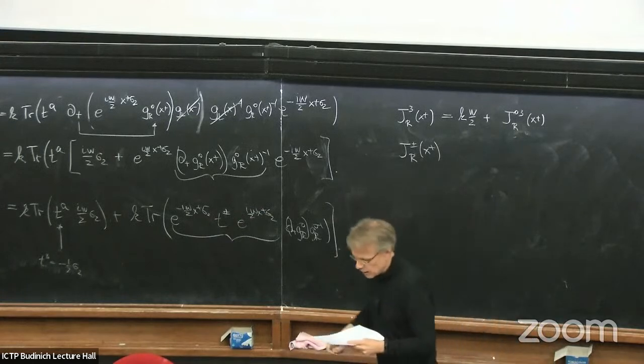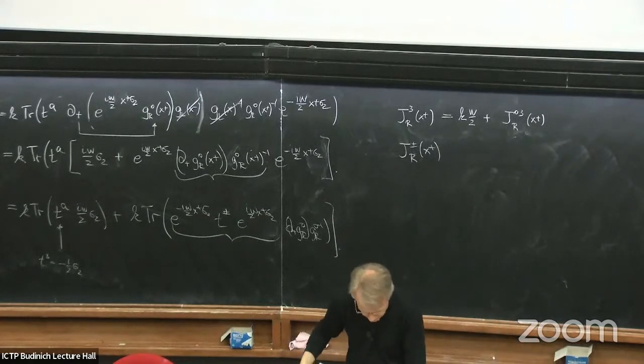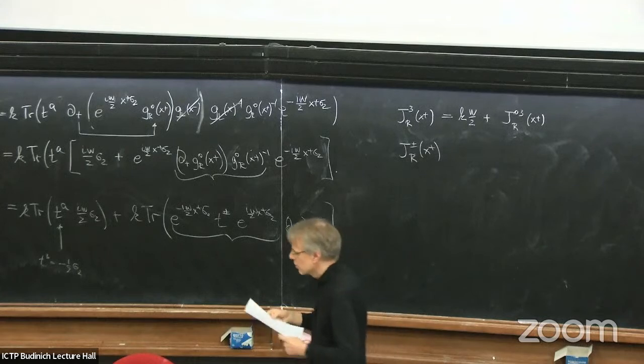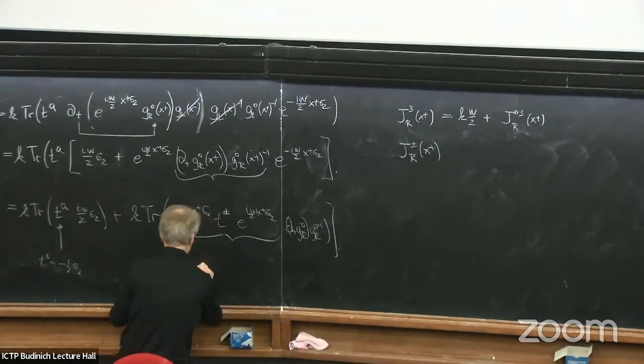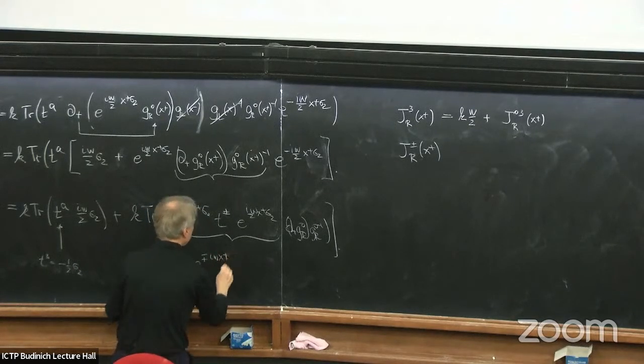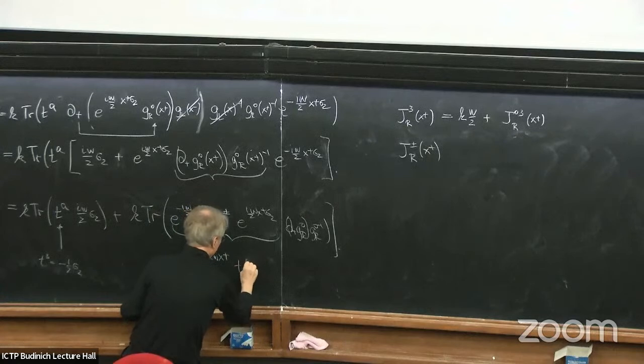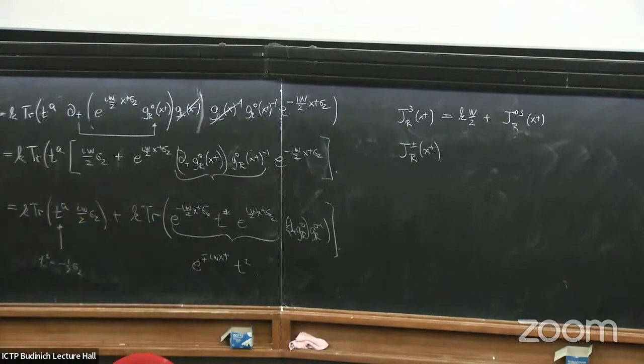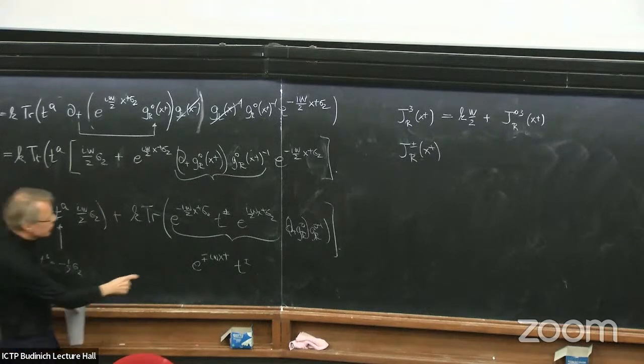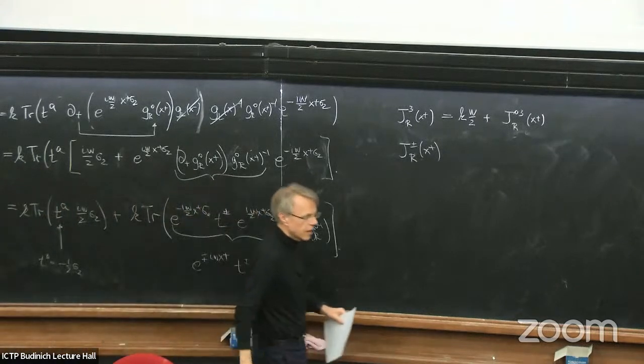And what you find at the end of the day, and it's a very elementary calculation, but I'm not going to do it for you here, is that this is equal to e to the minus-plus i w x^+ times T plus-minus. So the T plus-minuses go back to themselves, but they pick up a phase e to the minus-plus i w x^+.